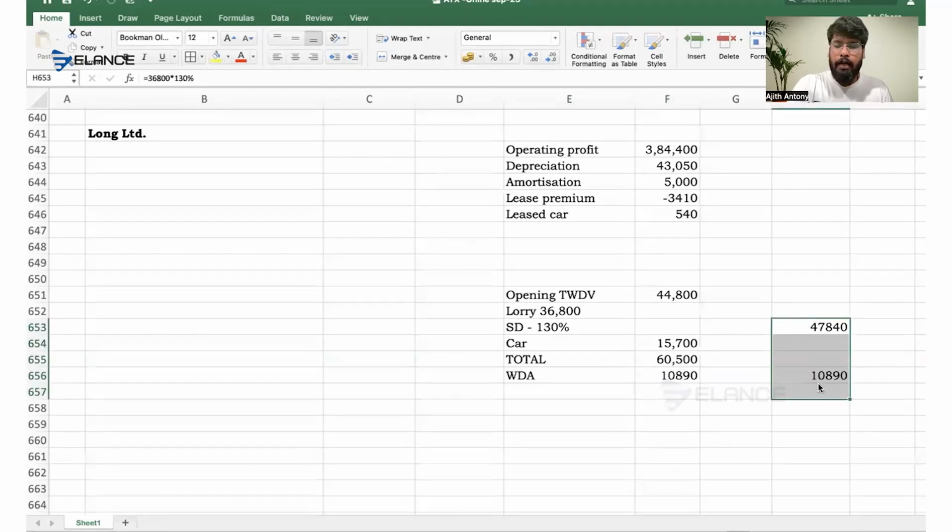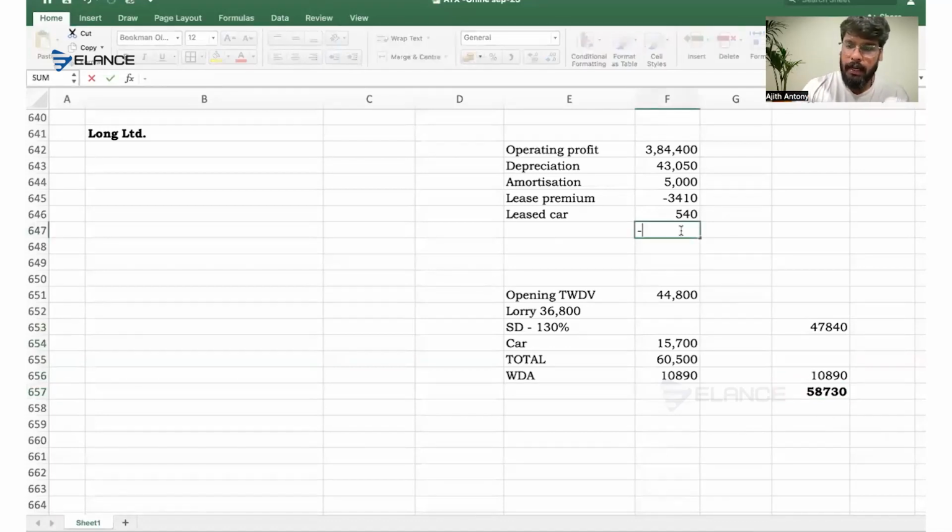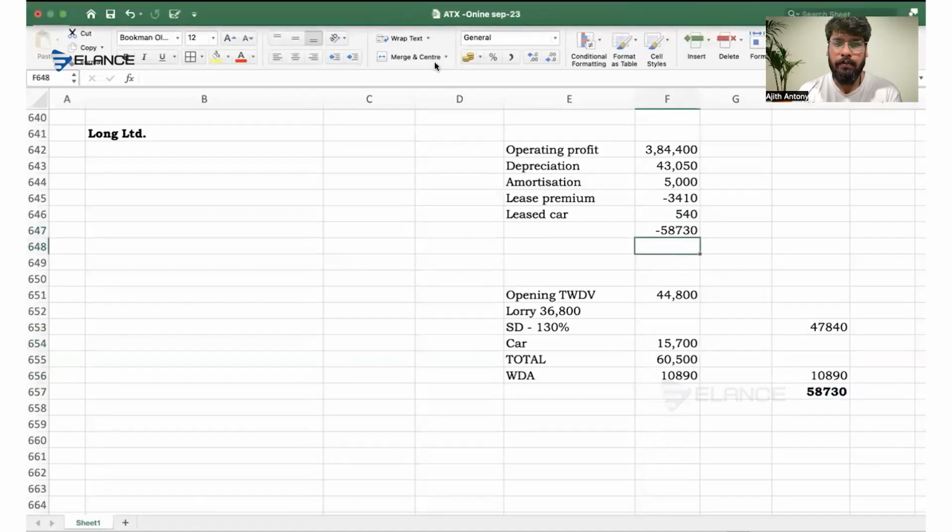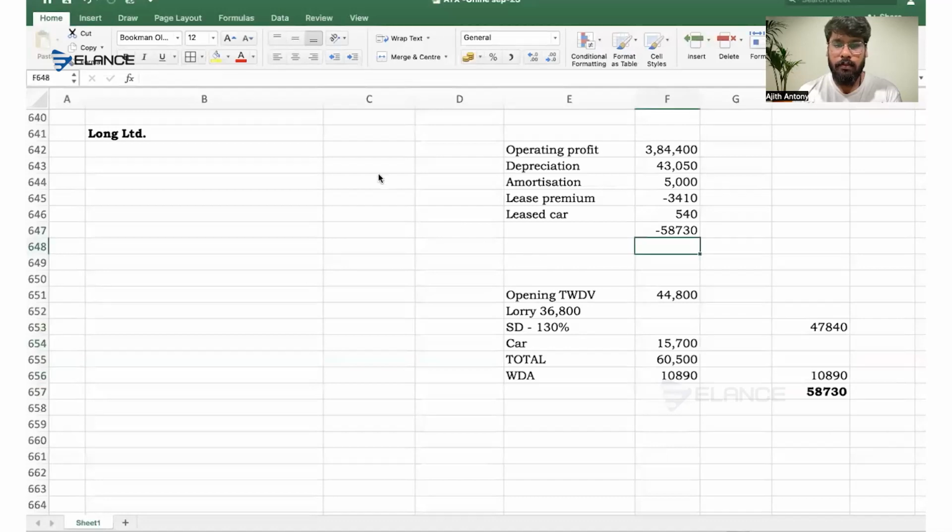So the total capital allowance in this question will be 58,730. Okay, so this much amount we can deduct in the trading income computation. So 58,730 we can deduct as capital allowance from the computation. So the trading income of Long Limited will be this much amount.